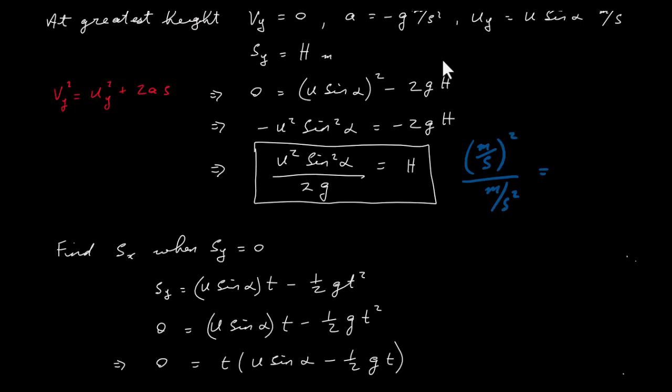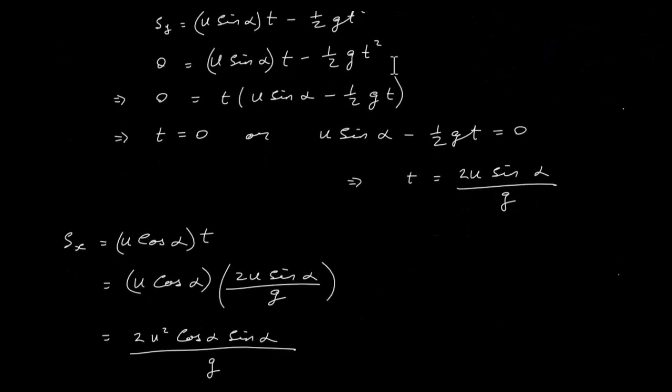If we do the top here, we get meters squared over second squared. We have a fraction on the bottom, so I'm going to multiply by its inverse, so that's second squared over meters. You can see here that the second squared will cancel with the second squared here. The meters here will divide into one of these meters up here, and we just get meters. So you can see here that the height would be in meters, and we did get meters when we did our dimensional analysis.